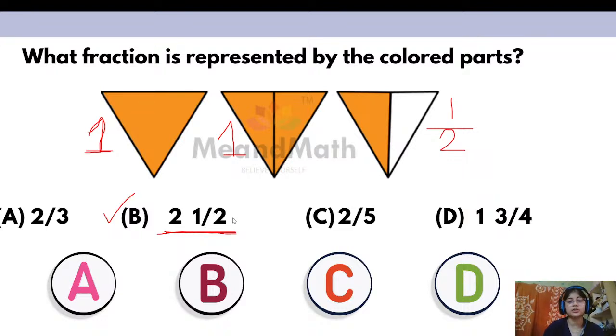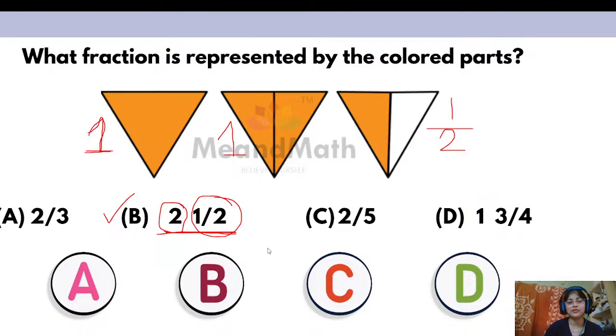Modipta says very good. So mixed fraction is absolutely correct. Mixed fraction is where you have a whole number and a fraction. So here 2 is your whole number and half is the fraction. So that's your mixed fraction. Very good. Great to see you all know a lot of things about fractions.